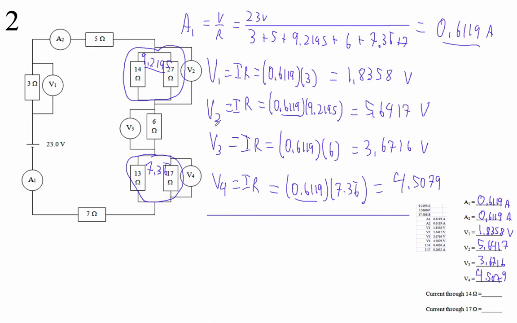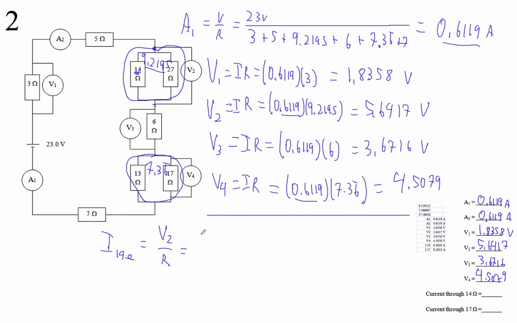All right, so now we get to the meat of it, right? The current through the 14 ohm, well, this is our 14 ohm right there. That current for the 14 ohm is just going to be whatever this voltage was from here to here divided by 14. So it's going to be V2 divided by 14, because we're trying to figure out the current through just this guy.